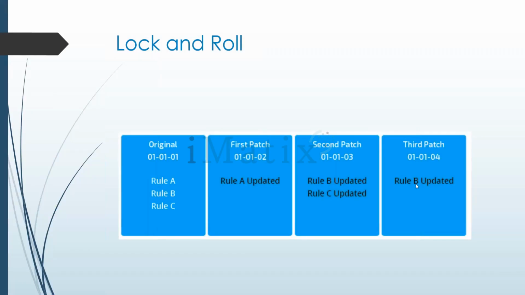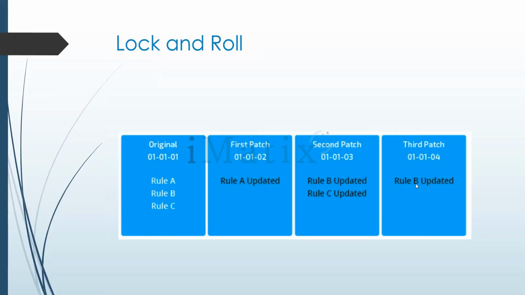Now if I would like to ask what is the version of Rule A that the system would pick, from which version would it be? Would it be from the original patch, second patch or third patch? For A, it will be from the first patch.